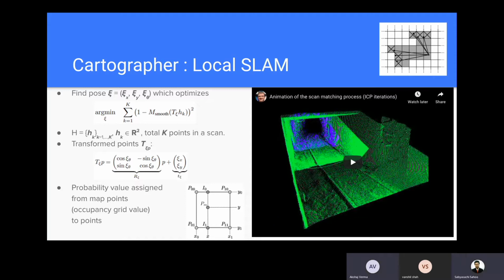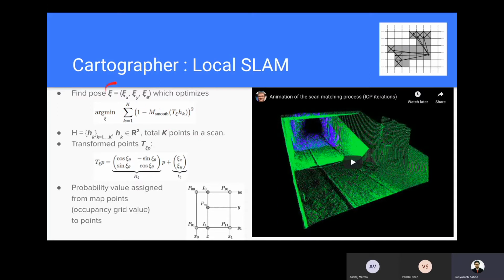Similar to the way we find the optimal hyperparameters for our machine learning system by applying grid search, the hyperparameters being epsilon x, y, theta here, not a random search but a grid search fashion, analogous to that, here we try different epsilon x, y, and theta values so that we can minimize this equation.